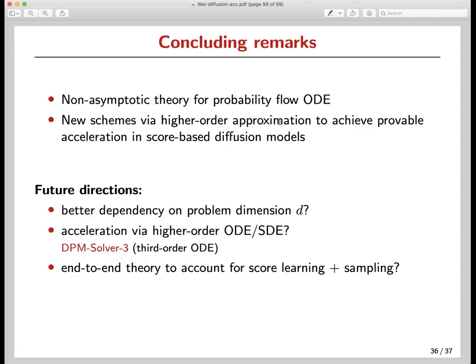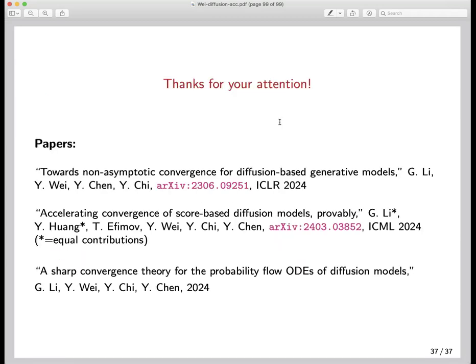And in addition, as I discussed, we sort of decouple the score learning and score matching part from the sampling generation part. Can we put them together and develop an end-to-end theory to account for both phases? Okay, so with that, I conclude my talk.